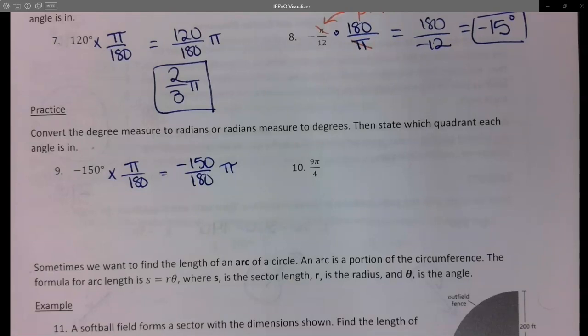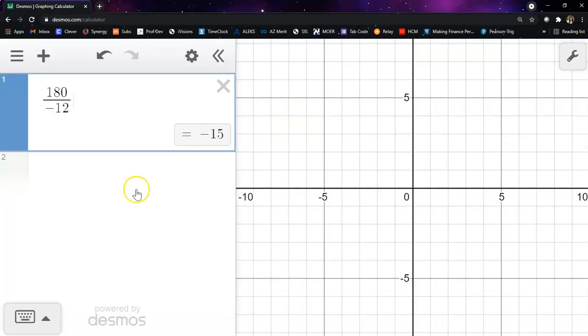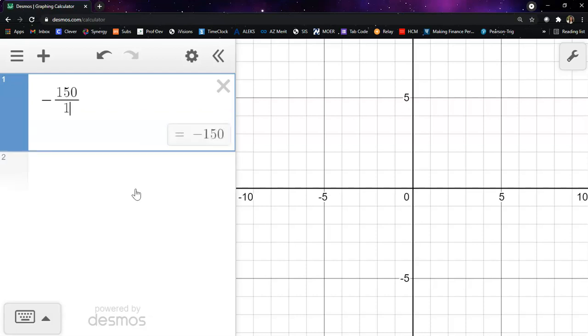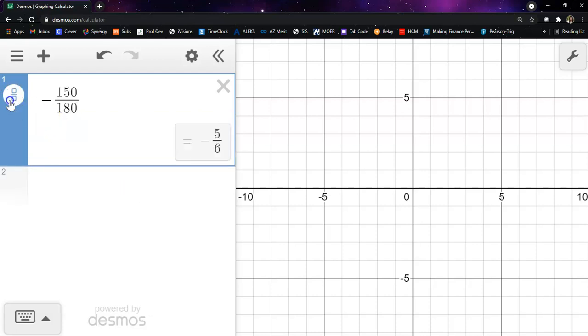If I go to Desmos, I want to do negative 150 divided by 180. Turn it back into a fraction. This gives me negative 5/6.